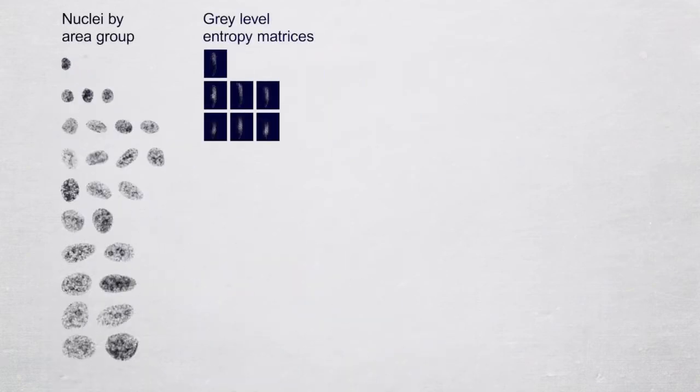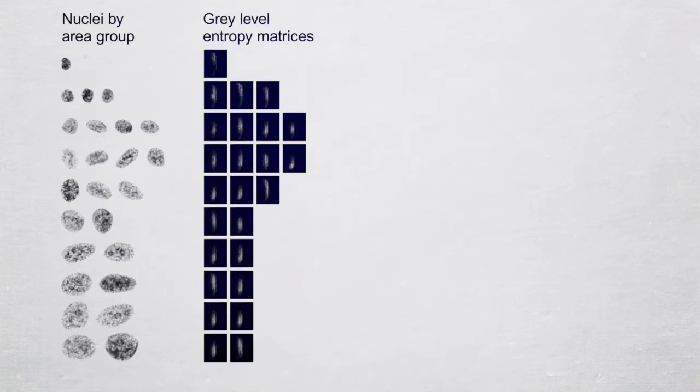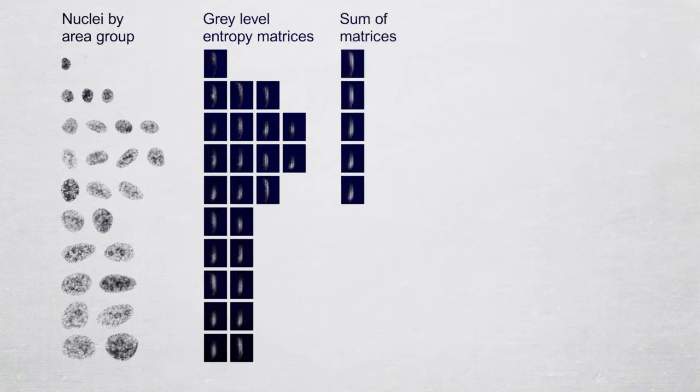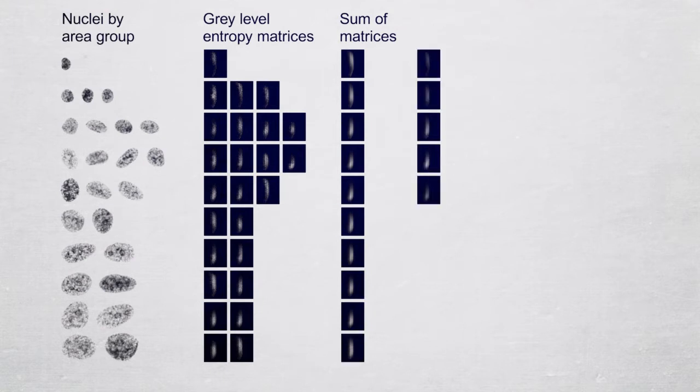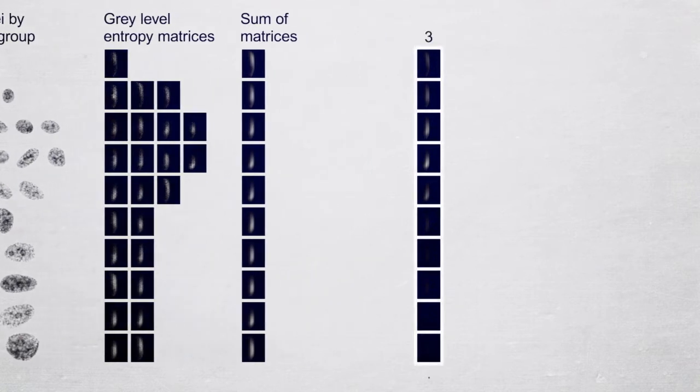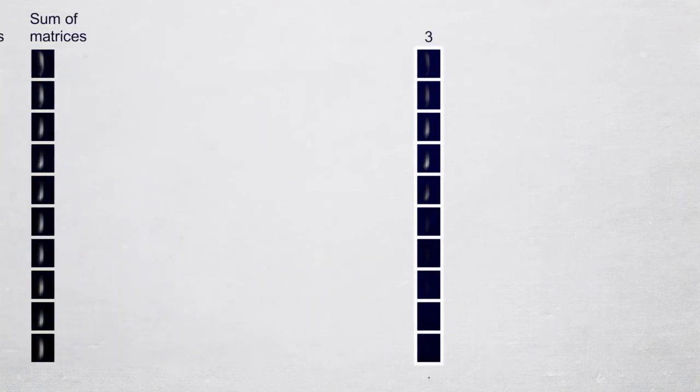The gray level entropy matrix is computed for every nucleus acquired from the tumor sample. In each area group, the set of gray level entropy matrices are summed, and the sum is divided by the total number of analyzed nuclei. This completes the computation for the 3 by 3 window.